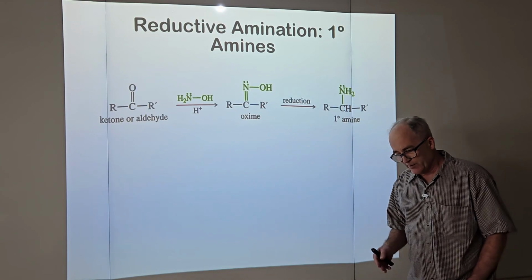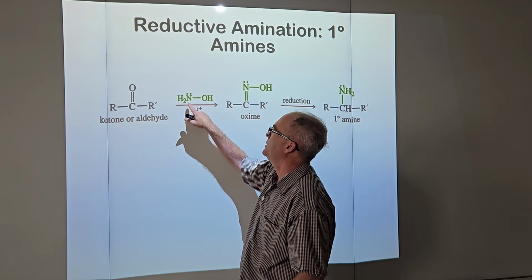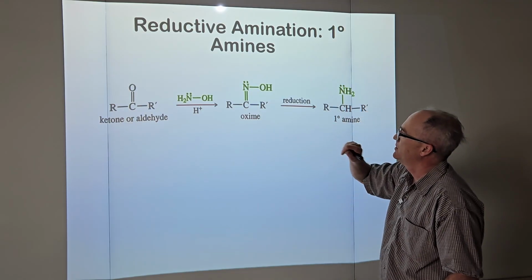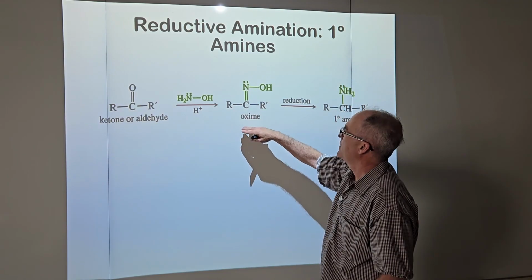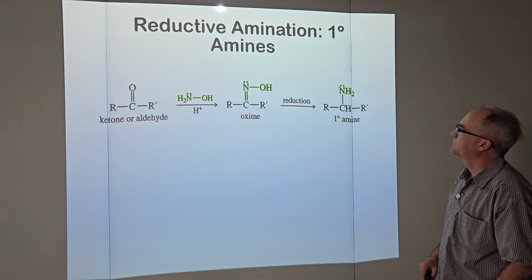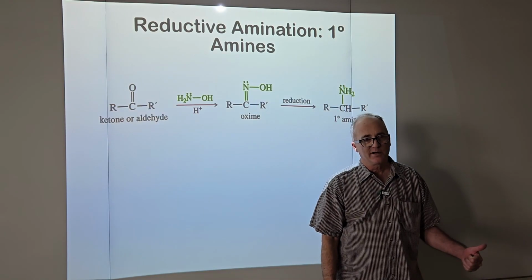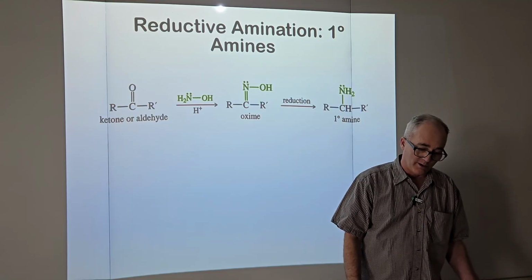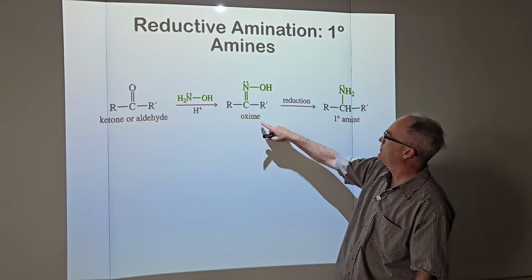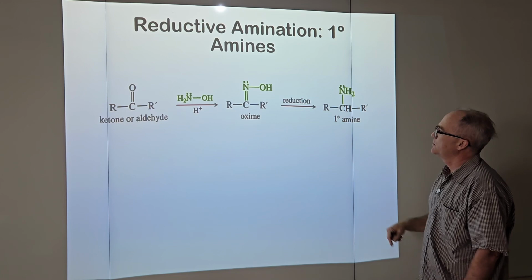So a tiny review from the ketone chapter. We had a bunch of nitrogen containing compounds that would go right to where the oxygen is. So we had the amines, and an oxime was when there was a hydroxyl there. So what's the organic chemistry definition of reduction? Decreasing oxygen content or increasing hydrogen content. And you can see we got rid of that oxygen for sure and added a hydrogen here.